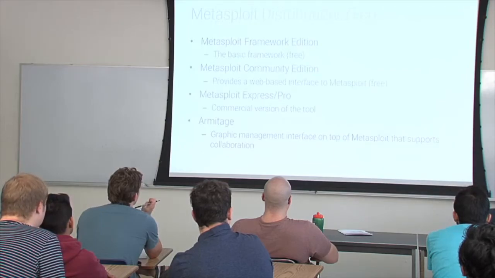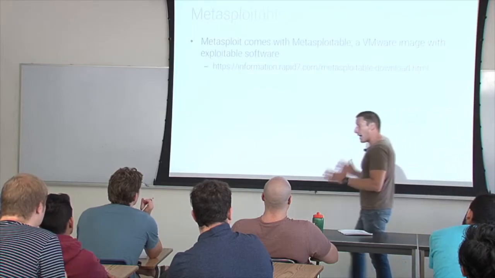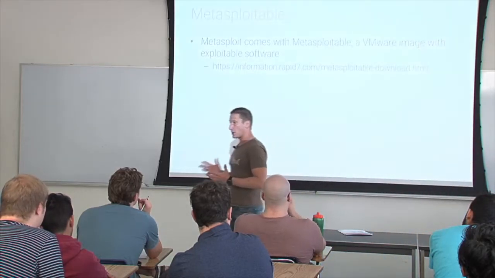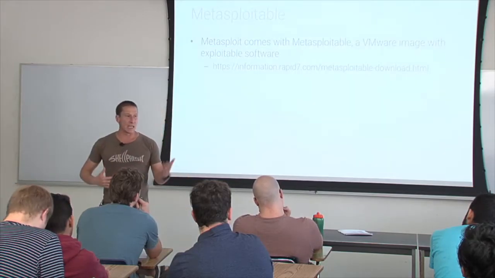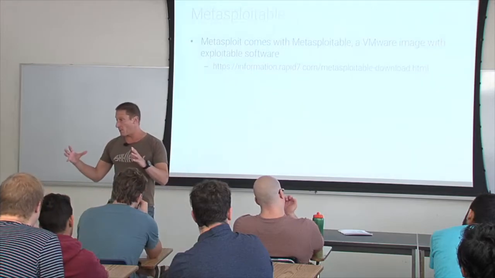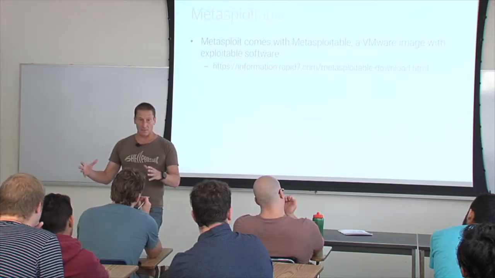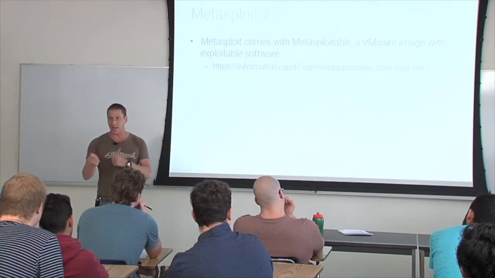It also comes with Metasploitable, which is a VM full of vulnerable stuff. So if you want to try a particular exploit against, say, a vulnerable SQL server, you run Metasploitable in a VM, and then you can play with Metasploit, launch attacks, and see exactly how it works.